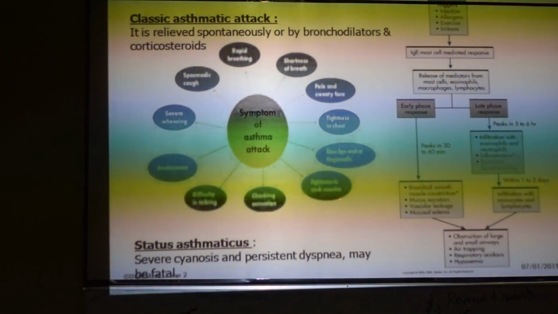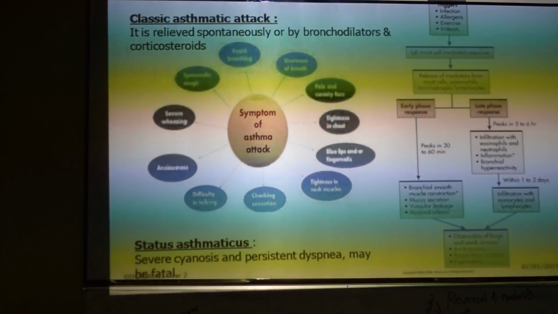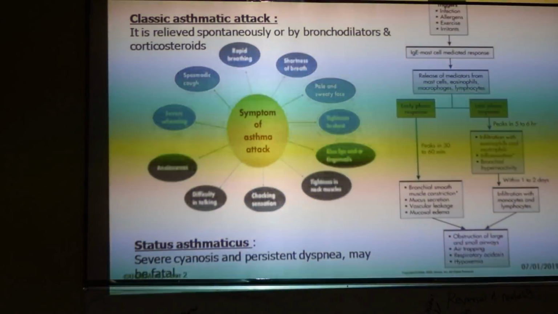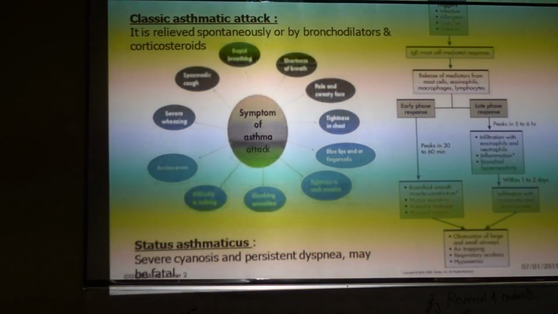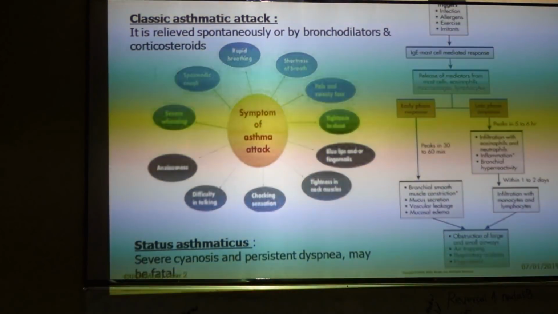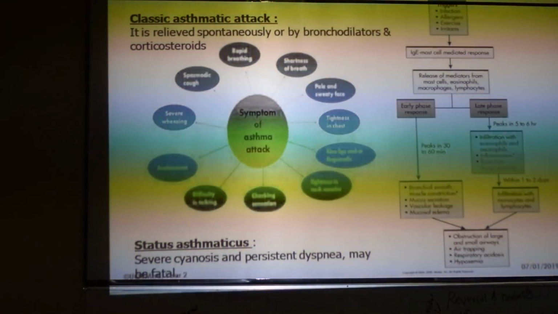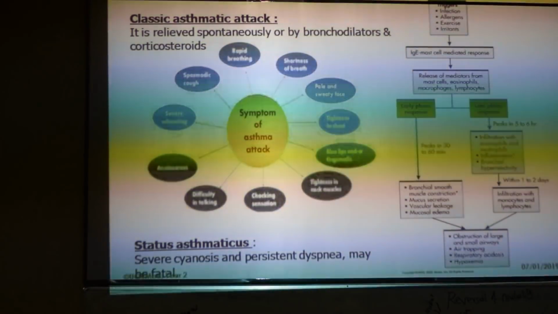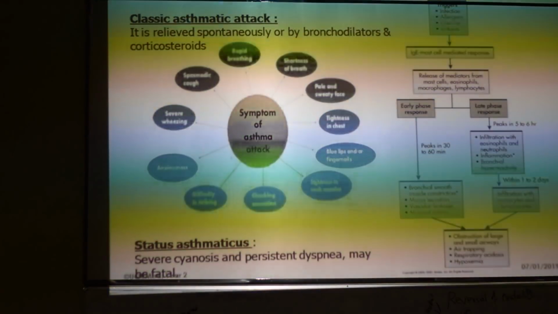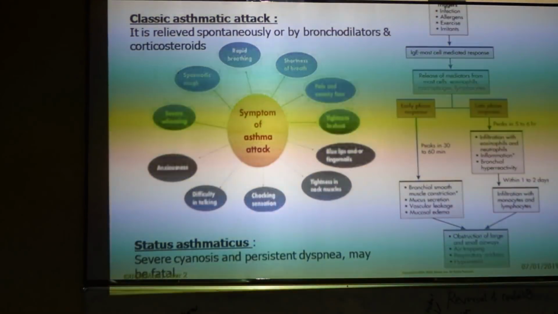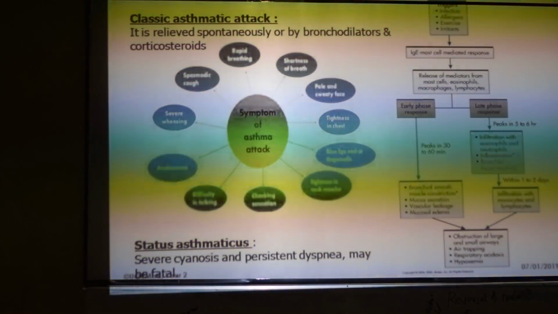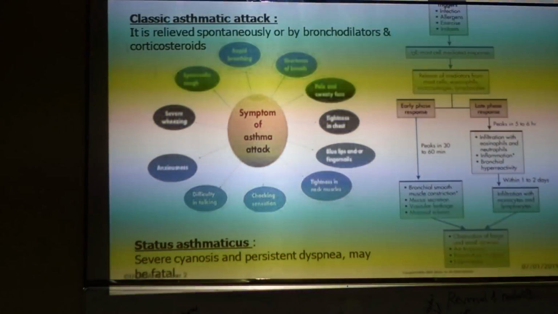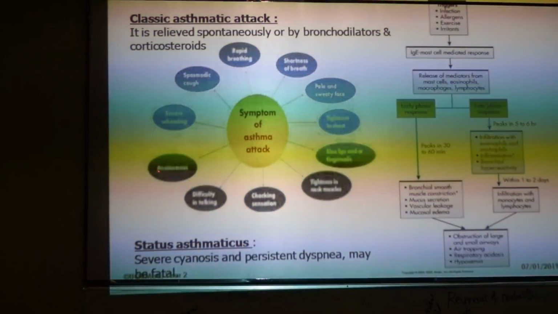Tightness in the neck muscles because he's trying to expand the chest to breathe in. Choking sensation because of a lot of narrowing and mucus plugging, and difficulty in talking. When you do a strong sprint and run around, after that, is it easy for you to talk? So it's a similar kind of feeling with this patient.